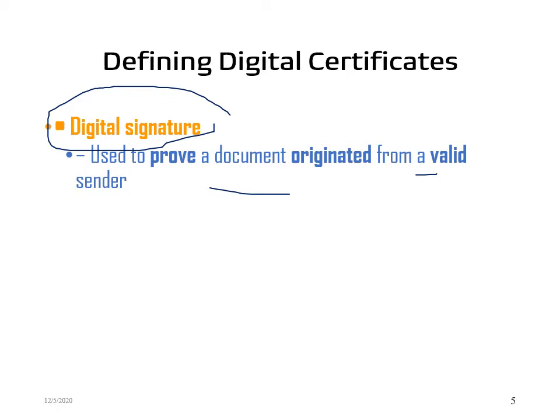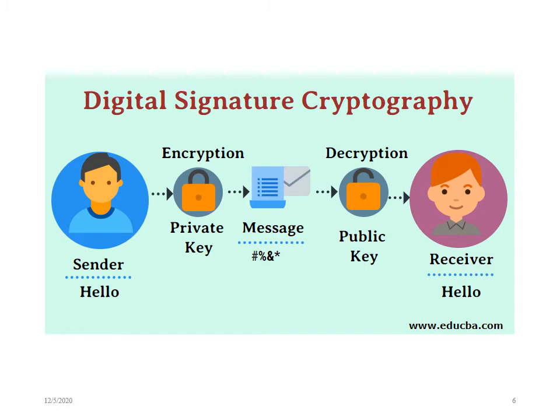In case of a digital signature, for digital data, we have to sign it in a digital form. This is used for proving that a particular document originated from a valid sender or not. This is the picture view of a digital signature.